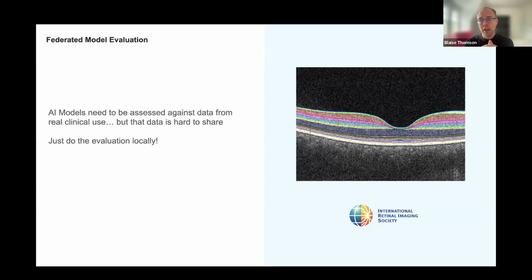We have a project now with the International Retina Imaging Society where we're gathering statistics from different clinics, and we're going to be validating a collection of AI models and working out which is working the best on a wide collection of data sets, all the time making sure that the model developer feels comfortable that their IP is not being released. So there really are lots of important applications that come out of this federated approach, which get unlocked because the data doesn't have to be centralized.